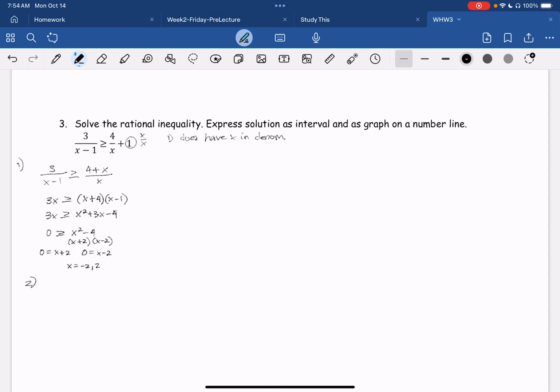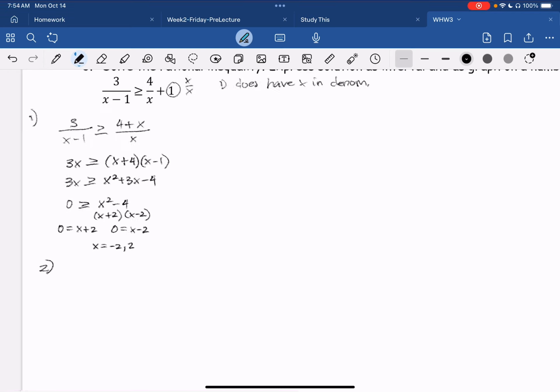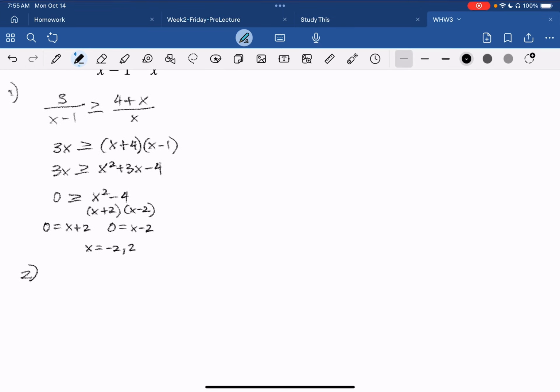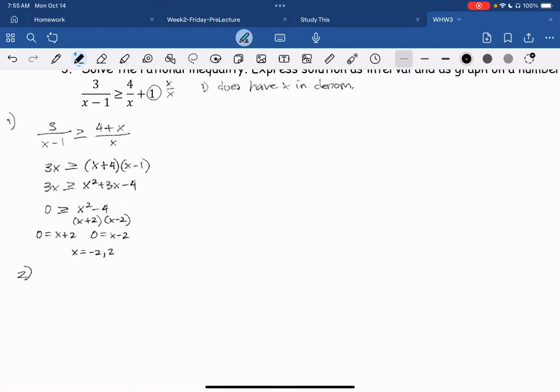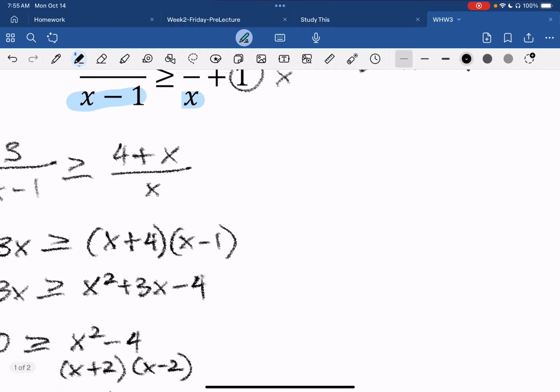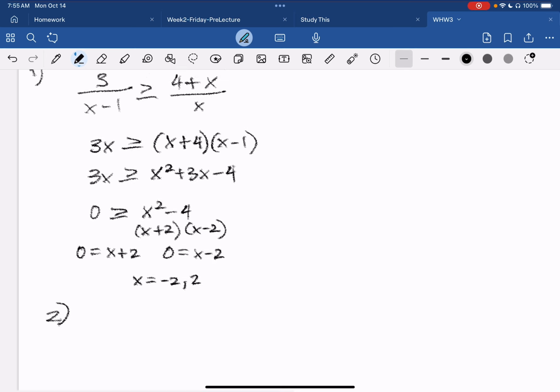My second step, I want to look for the domain just to be super sure that my numbers won't give me an undefined value. So I have two possible undefined values.